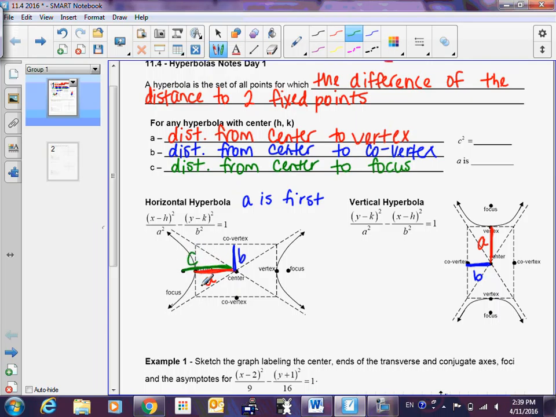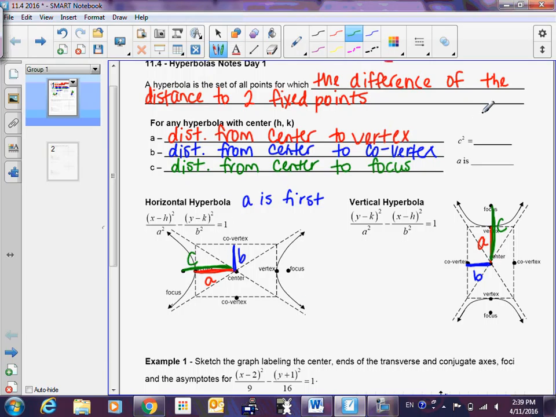That's different also from when we did ellipses. So the focus is still inside the hyperbola curve, but it's further away from the center just because of the way the hyperbola is. I like to describe it as like the hyperbola is almost like an ellipse, but it's blown apart. Okay, like a bomb went off in the middle and it blew it apart in either direction.